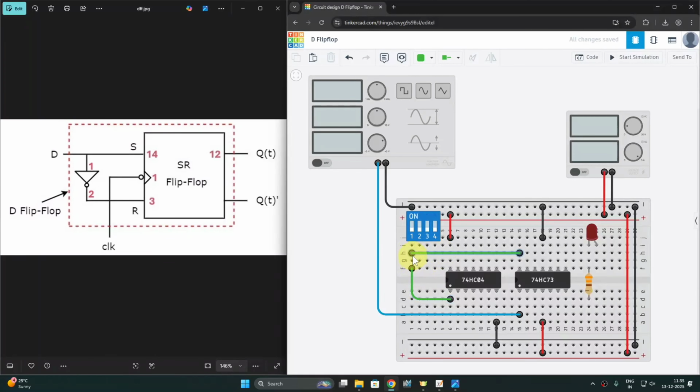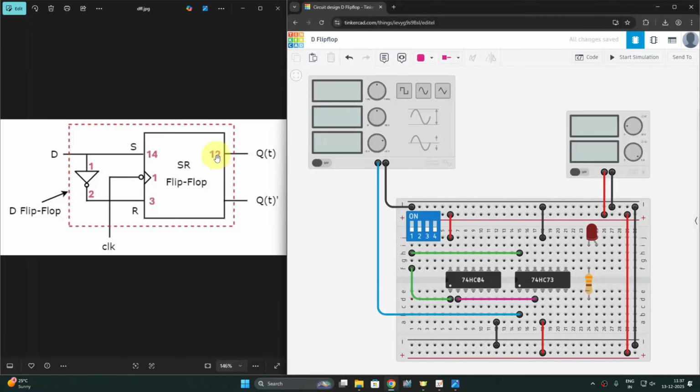So D input is going at two places, J input as well as first input of NOT gate. Now the output of NOT gate, means pin number 2, is connected with R or in our case K input. So pin number 2 of NOT gate must be connected with pin number 3 of JK flip-flop, like this.